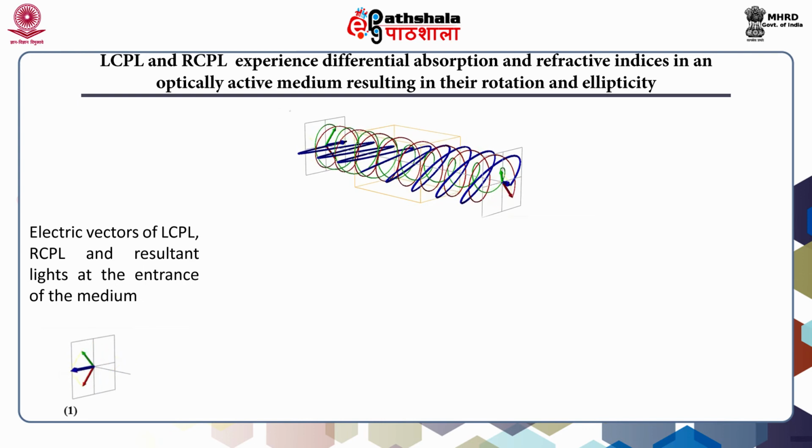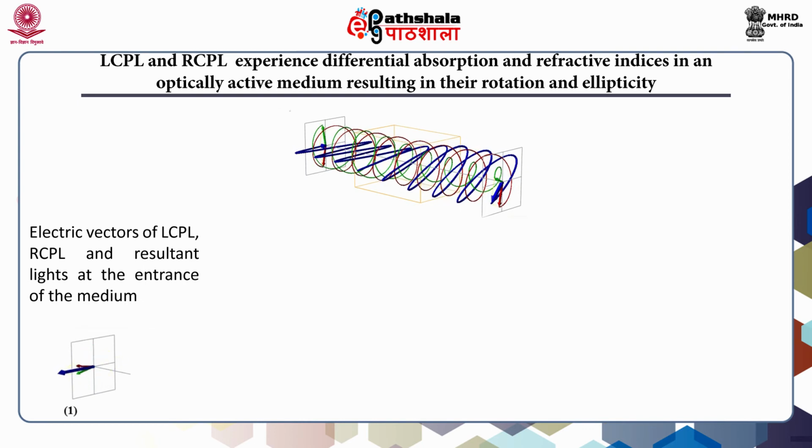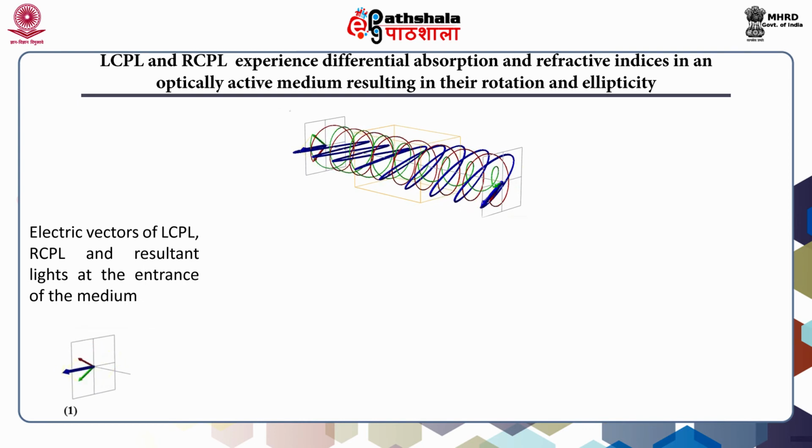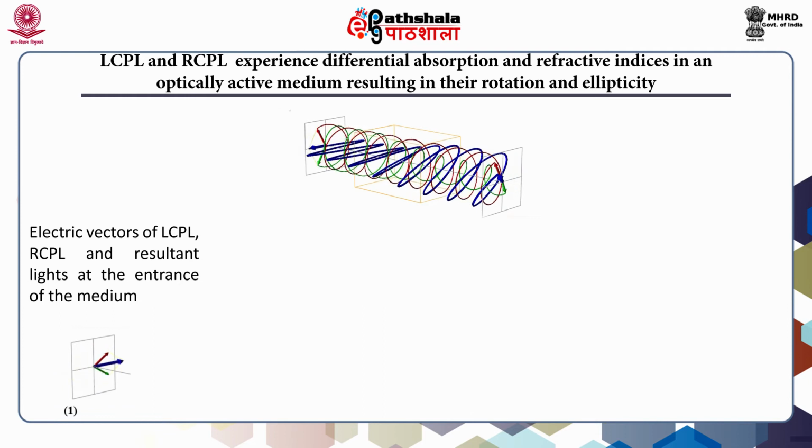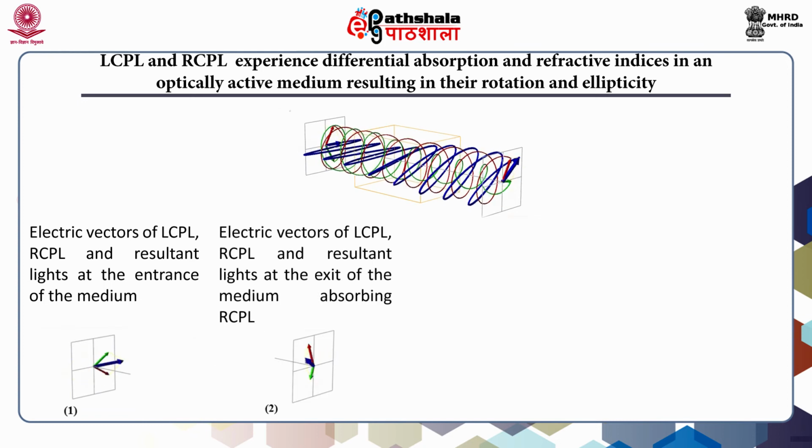When this light is introduced into a medium which is optically active, and let's assume the right-handed component is absorbed to a greater extent, then what we see at the exit is shown in panel number 2.